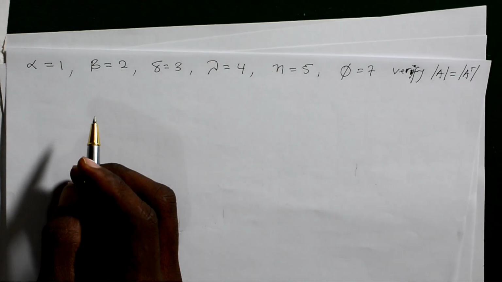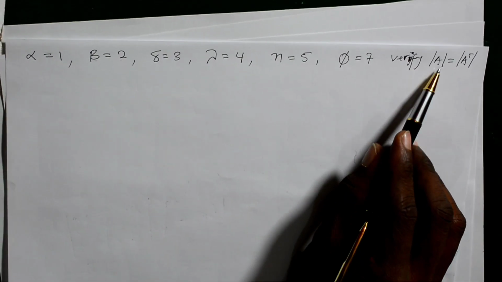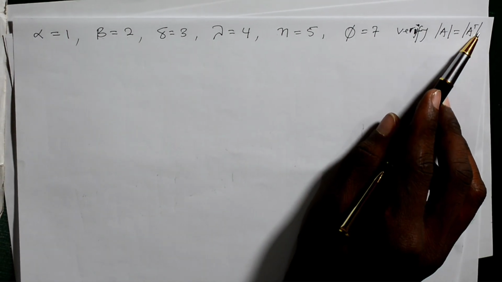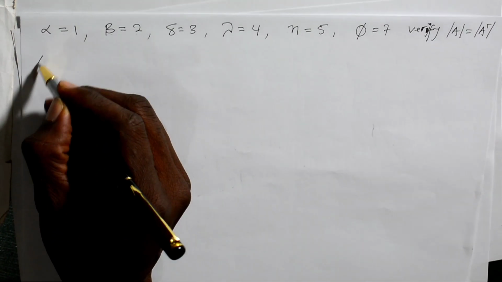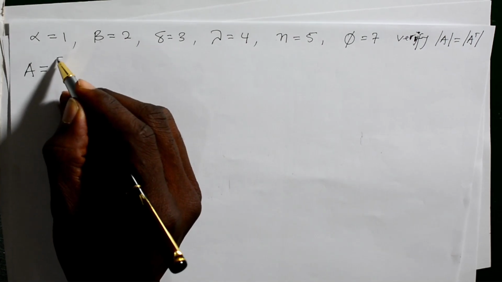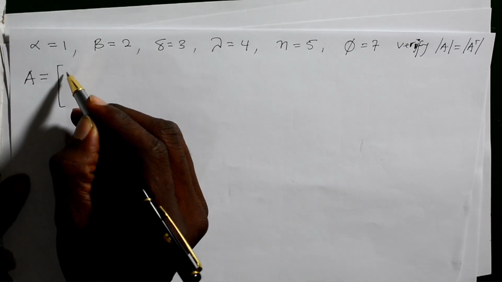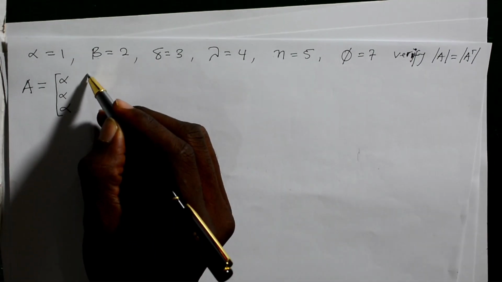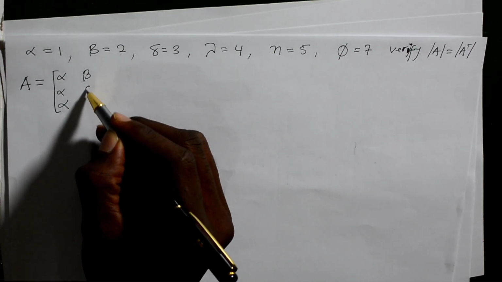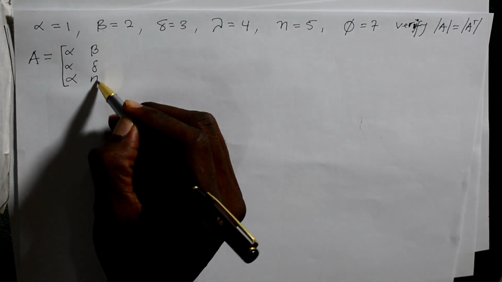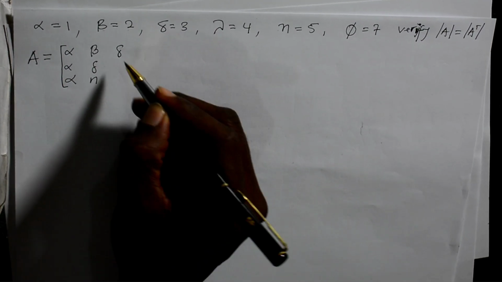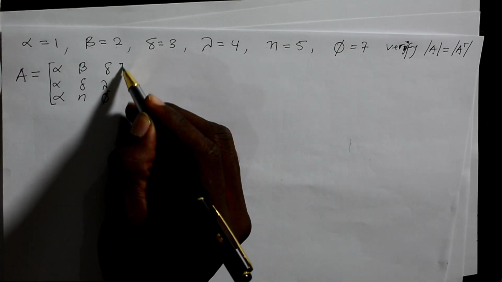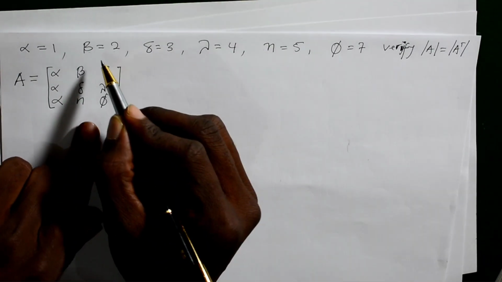So now we are to verify that A determinant is equal to A transpose determinant. So first we are going to provide the A matrix: alpha, alpha, alpha, beta, sigma, and viscosity, then sigma, wavelength, and psi as given in the question.